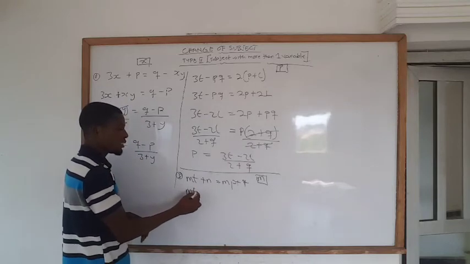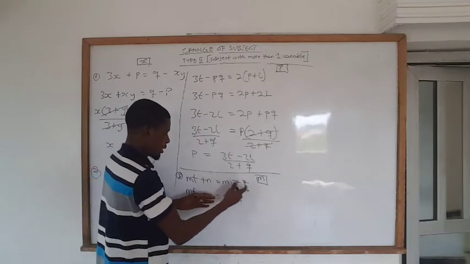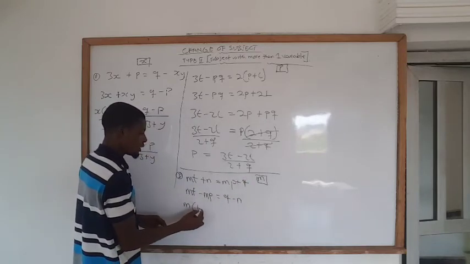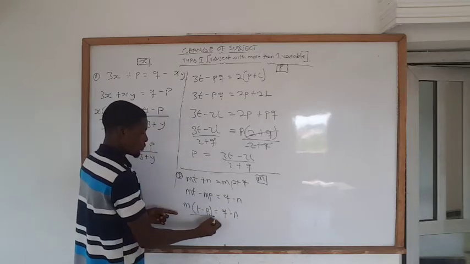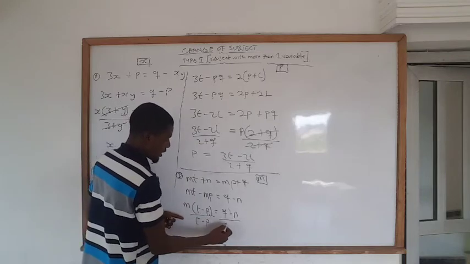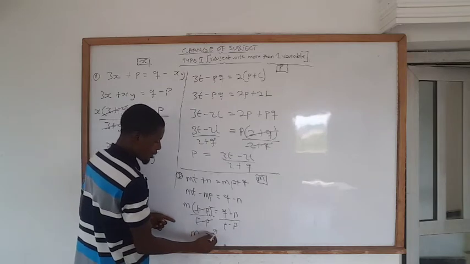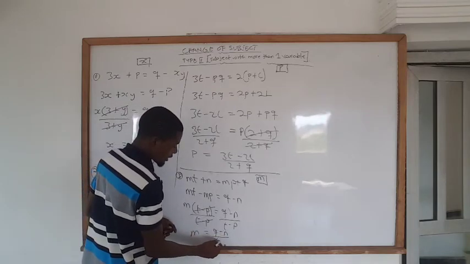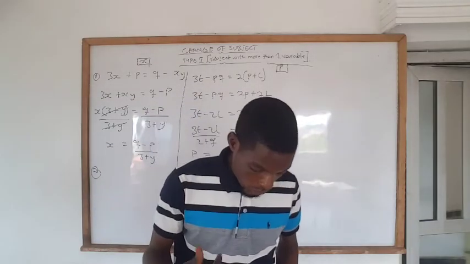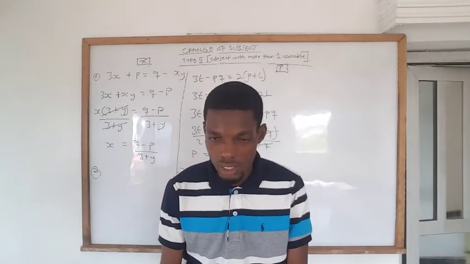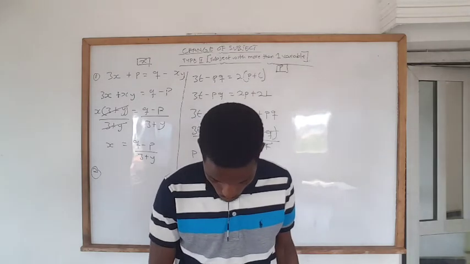So I have nt minus mp equals q minus n. I'm grouping this, so m comes out, so t minus p equals q minus n. I want m, so divide here by t minus p, divide here by t minus p. This cancels that. So m equals q minus n all over t minus p. And that's that, right? Okay, so let's take one last question on this, and then we will draw the curtain and go to the next one.